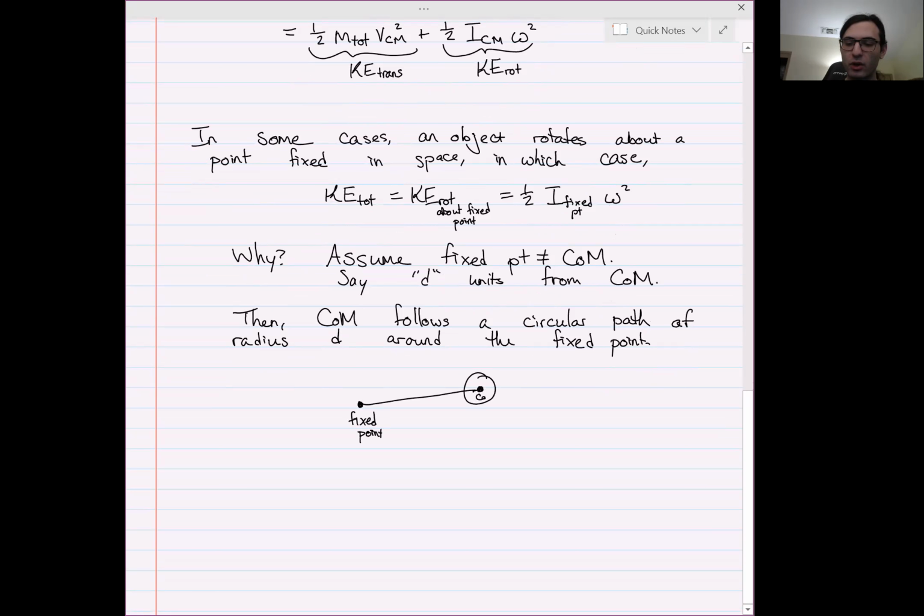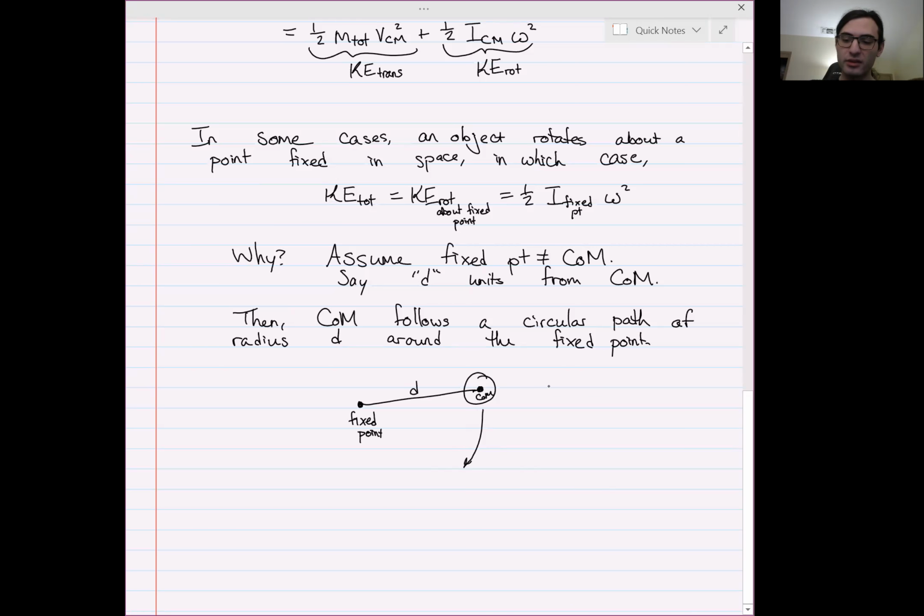Maybe it's in the middle, it doesn't have to be, but the center of mass is where it is, and this distance here is d. And our object is swinging around. Maybe it's orbiting because of gravity, maybe it's attached to a string. But regardless, it's going around the fixed point.